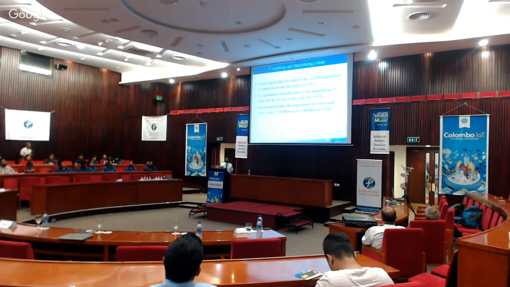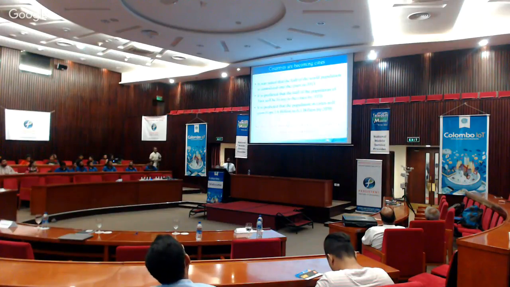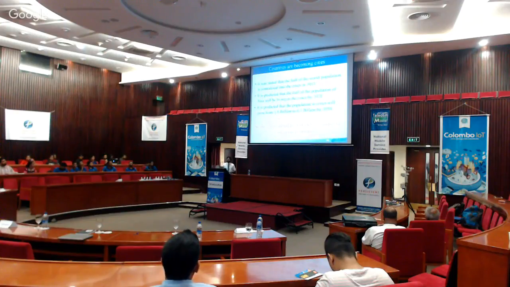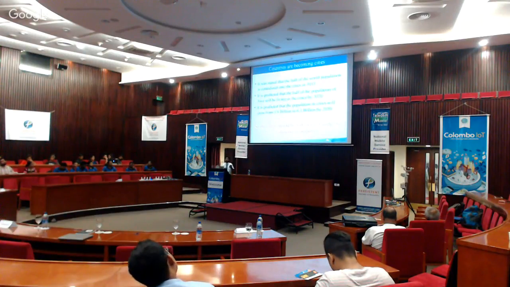However, according to the statistics, half of the world population centralized into cities in 2013. It is predicted that by 2020, half of the population of Asia Pacific will move into cities, and the urban population will grow from 3.6 billion to 6.3 billion. So we, as a laboratory doing networking infrastructures and IoT, thought that the cities should be smart.